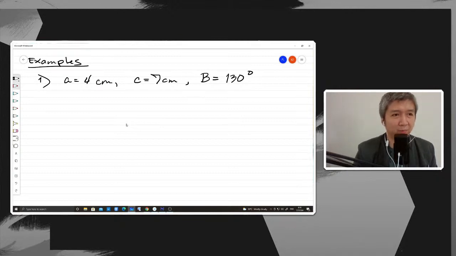For side b, I will use red ink. So b squared is a squared plus c squared, then minus 2 times a and c. That's how easy it is to remember. Cosine of angle B.